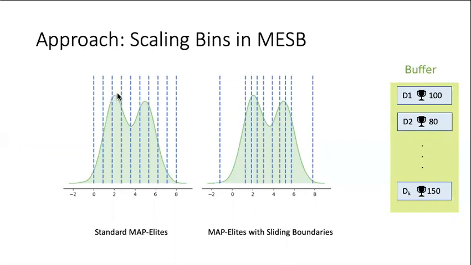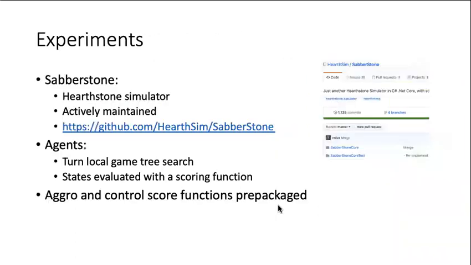So we focus on splitting up the area where there's high density, and where there's low density, we spread it out. And that's another core part of the variation that we have added to MAP-Elites: this sliding along that dimension.